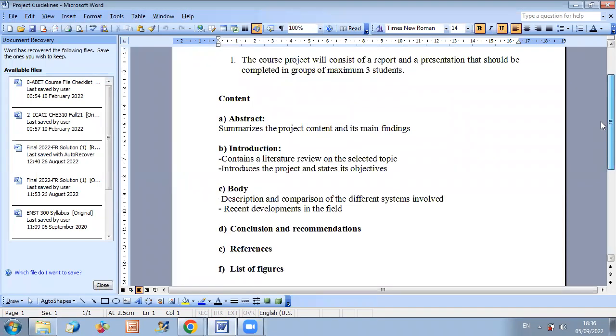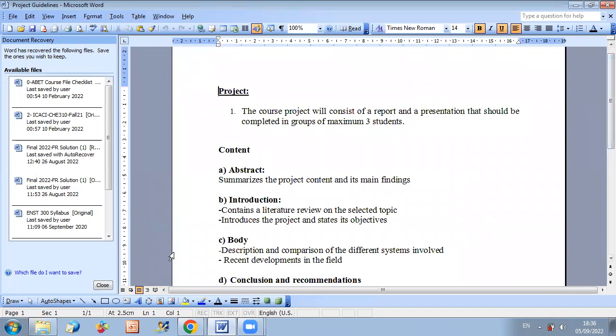Now I will go with you over some possible project topics. So in case you didn't select yet your project topic, I will expose for you several possible topics, so you can select one of them. Please, whenever you form your group, directly tell me, because we want to have different topics and different ideas, so we cannot have two groups with the same idea.